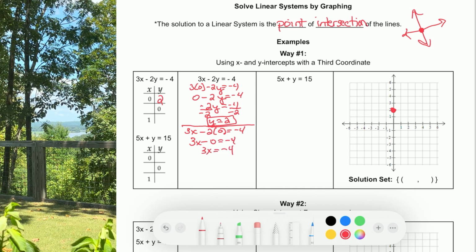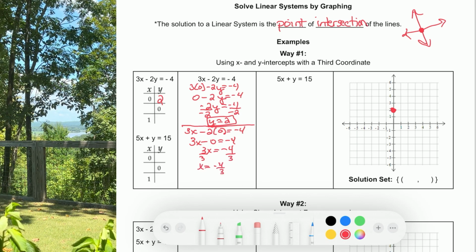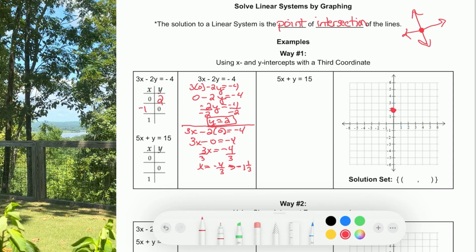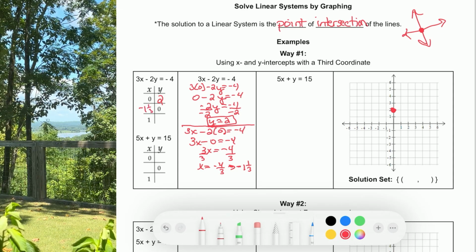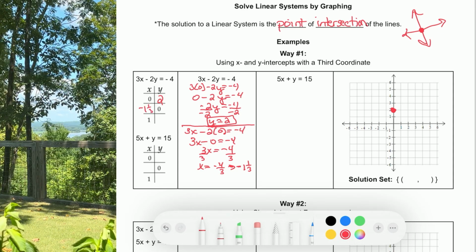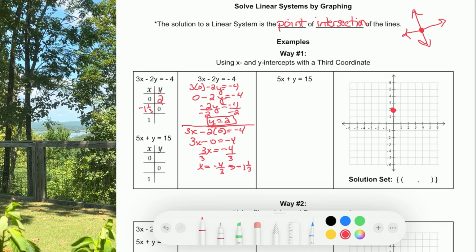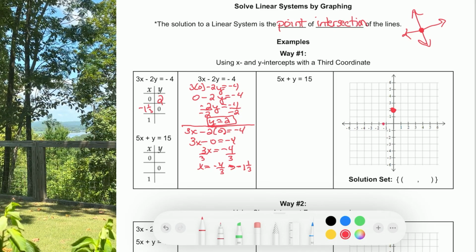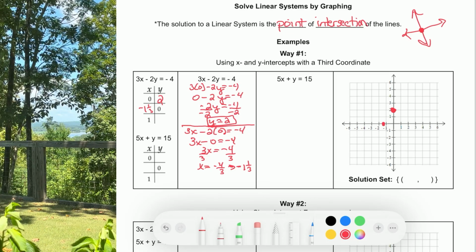Divide both sides by 3. And I get x equals negative 4 thirds, which is the same as negative 1 and 1/3 if I turn it into a mixed number. To graph that, I'm going to go to negative 1 and 1/3, which is about right here. So that's my second coordinate.